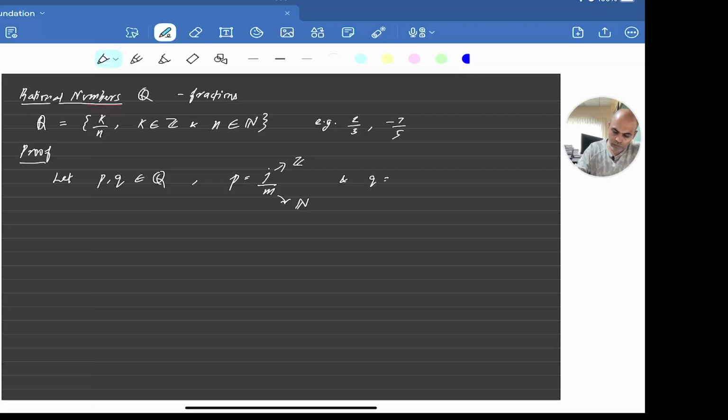Similarly, Q is K over N, where K is an integer and N is a natural number like M. So let's start with the case of multiplication.